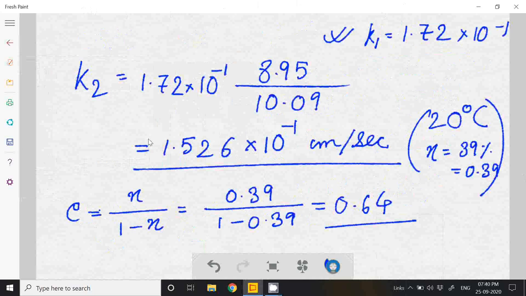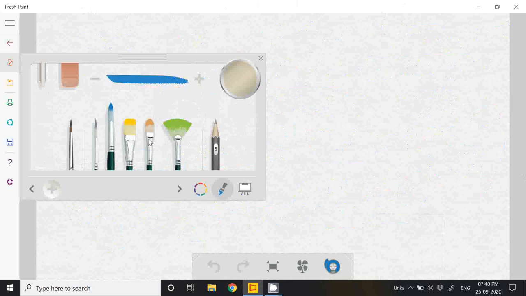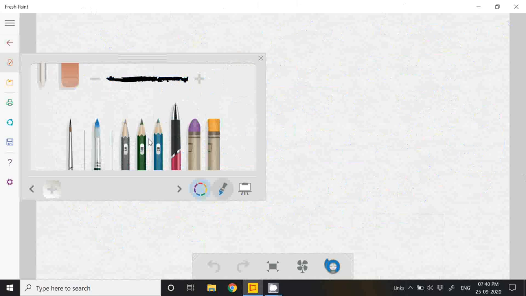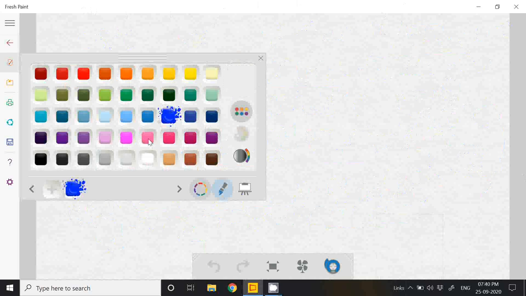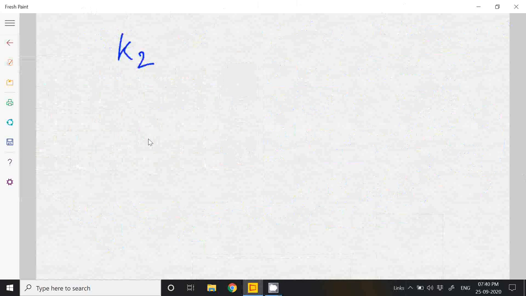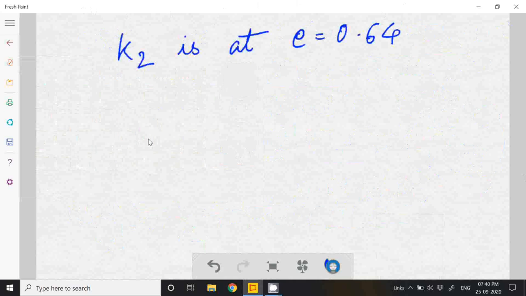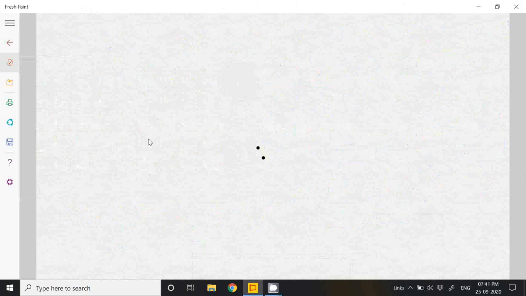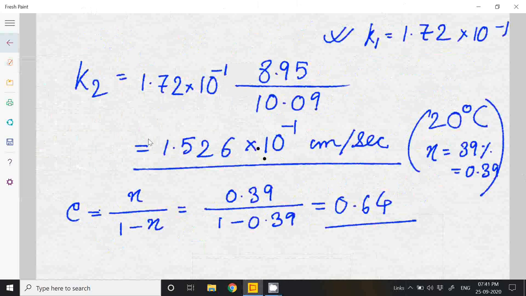So ultimately I can say that K2 at e equal to 0.64 and 20 degrees centigrade, and the K2 value we have already got is 1.526 into 10 to the power minus 1.